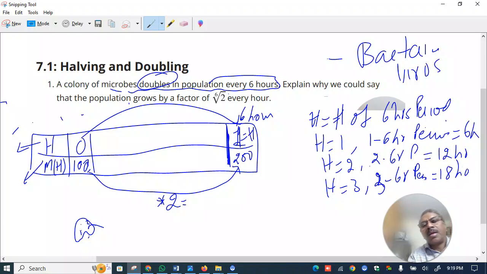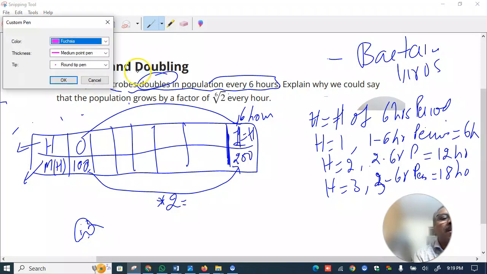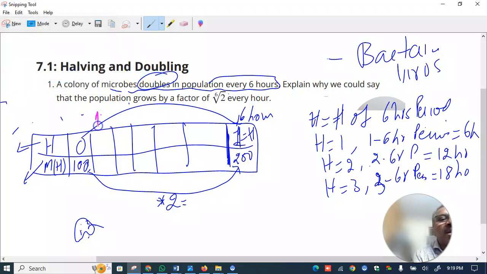What I'm trying to say is that in between there are hours this way. The lowercase h is the number of hours 1, 2, 3, 4, 5, and 6. The moment you get 6 hours, the uppercase H is 1.